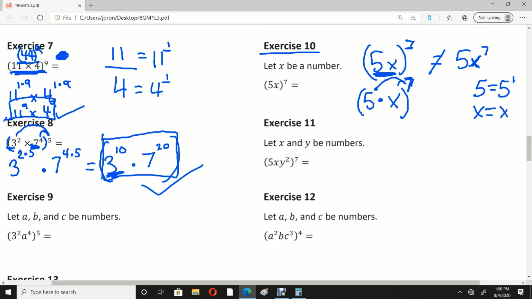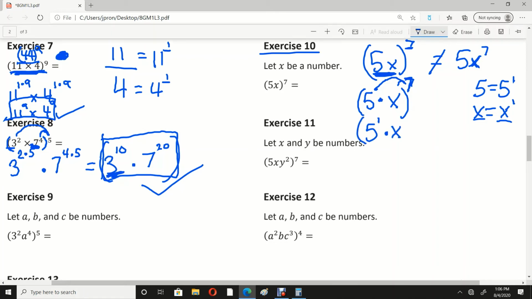Yes, it does. It also has x to the first. 5 is equal to 5 to the 1st power. x is equal to x to the 1st power. Even though we don't know what x is, whatever it is, it's equal to that number to the 1st power. All right, so we're going to rewrite this again. One more time, I'm going to write it as 5 to the 1st power times x to the 1st power, just so it can illustrate.